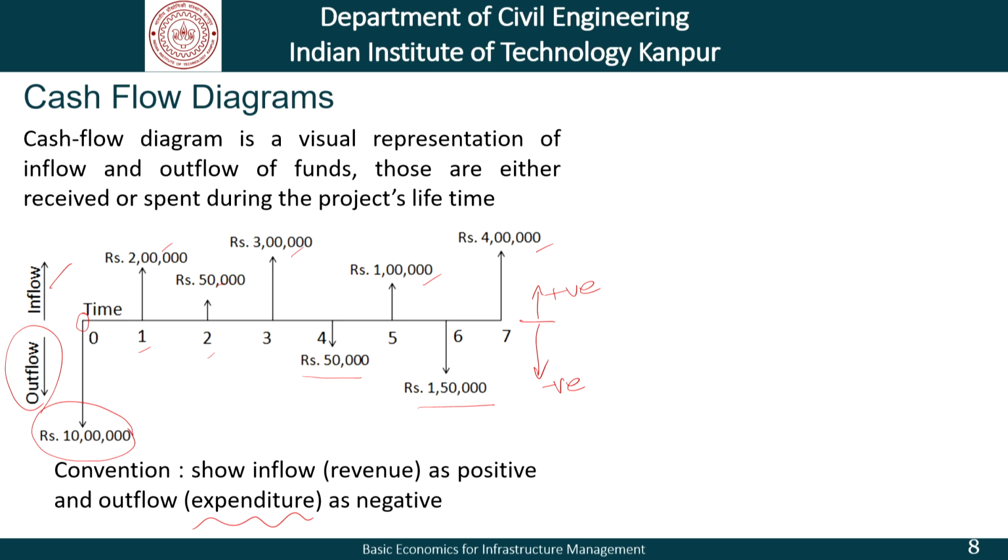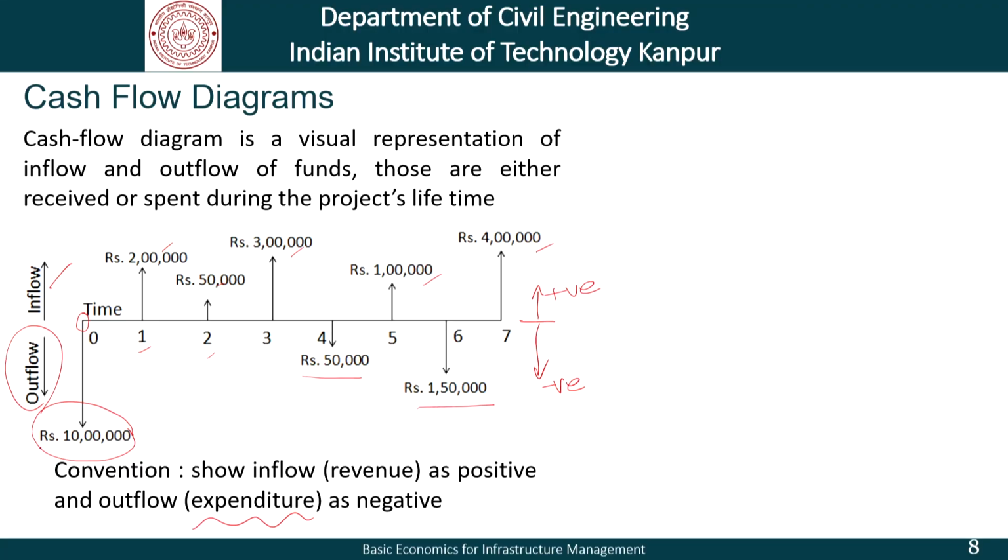Now, before we proceed to analyze this cash flow diagram and answer the question of whether or not this investment is advisable, I would like to clarify one more thing. What we've talked about here is a large sum of money invested in a single go, and these values are all coming out at different points in time as some amount of money.